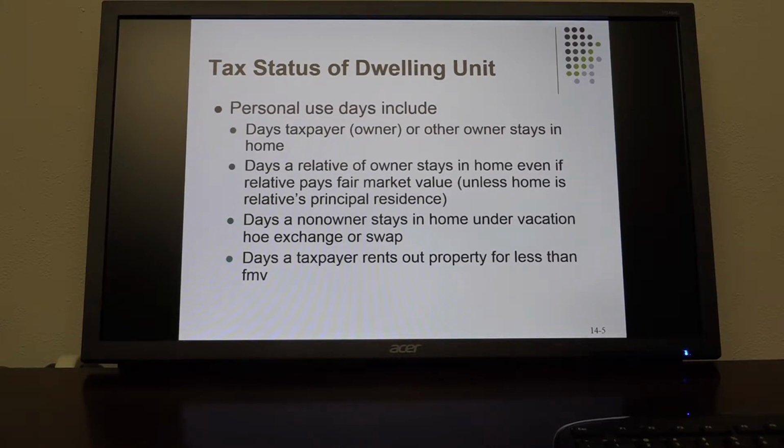Now, personal use days includes the days that the owner or other taxpayer stays in the home. So if you have a co-ownership, it could include the taxpayer, but it might include some other owner of the home or dwelling.